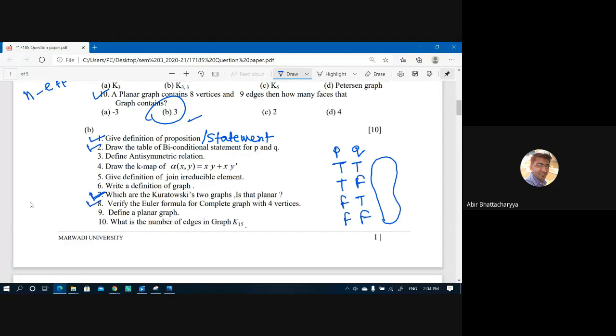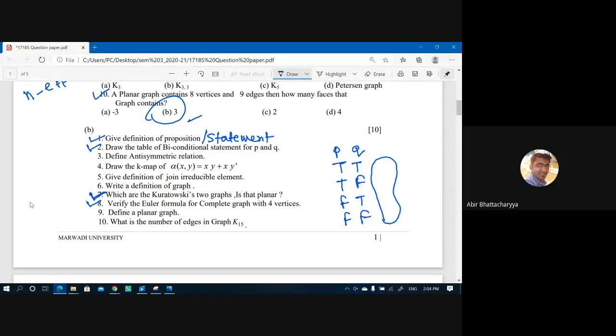The formula is N minus E plus F equals 2. David, nothing else you need to do. Just write this down.